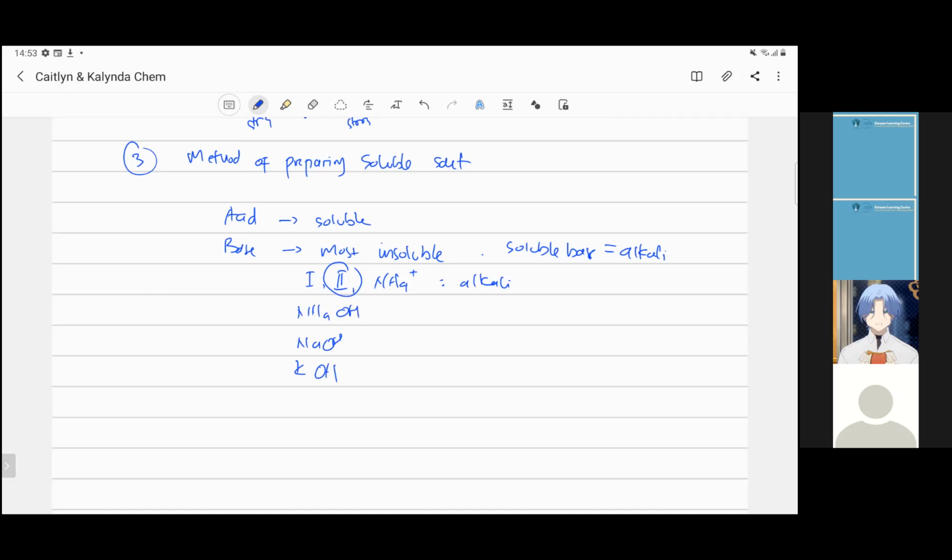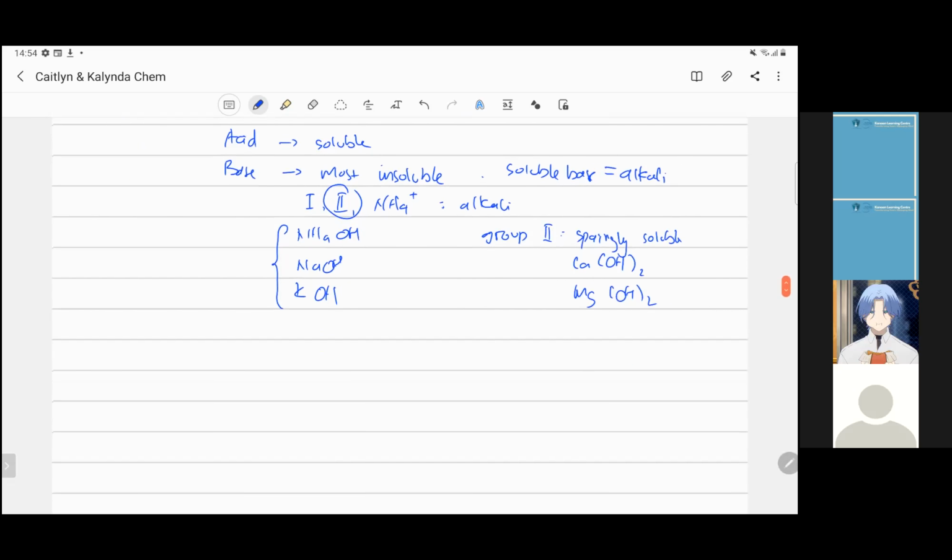So usually we don't call them soluble. We call them sparingly soluble, such as calcium hydroxide and magnesium hydroxide. For sure, the ones that are going to be soluble are these three.